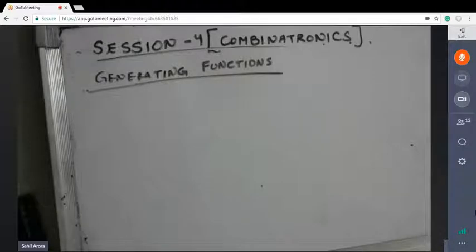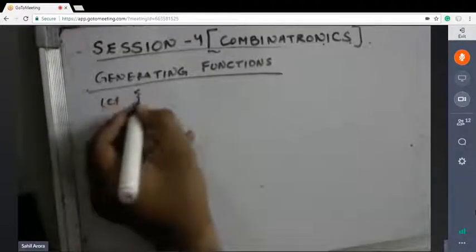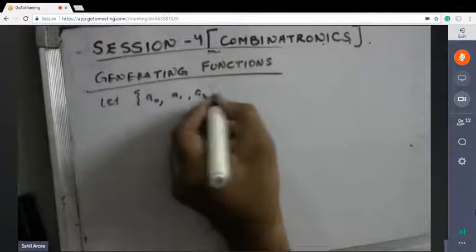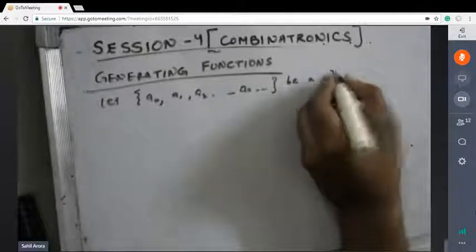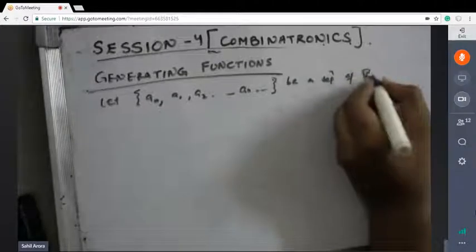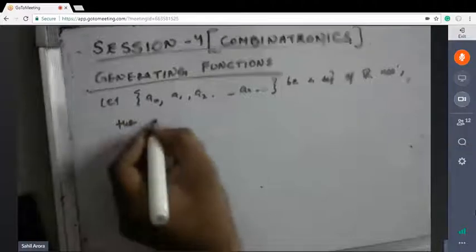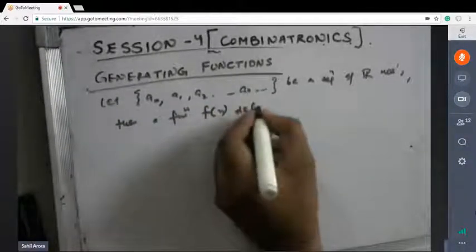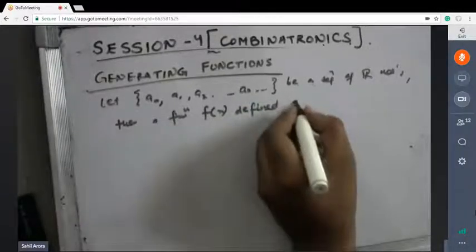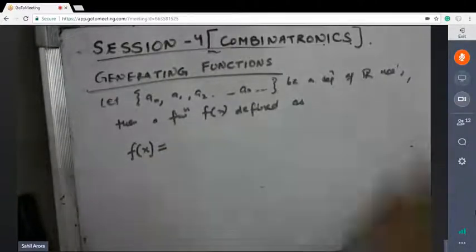Okay, so the first thing is, let's say we have a sequence of real numbers a0, a1, a2, so on up to a of n. Then a function f of x defined as follows. See how I'm writing it, it is very important, just understand it.